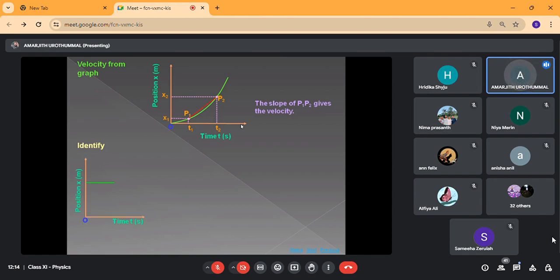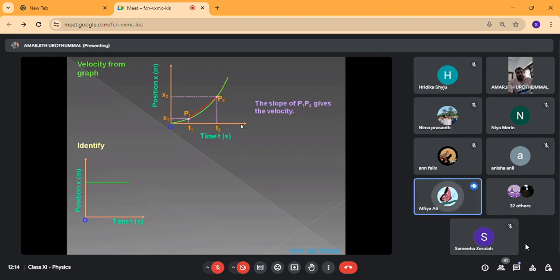Now something for you. What does it represent? A graph. Identify. We already discussed it. You can see a position time graph. My question is, what does it represent? See that and tell.